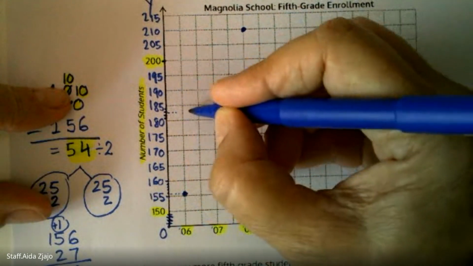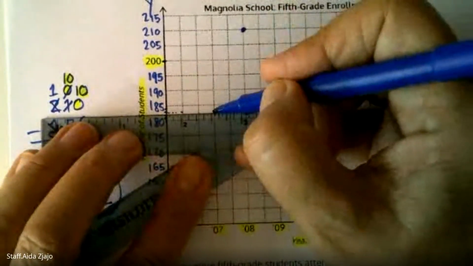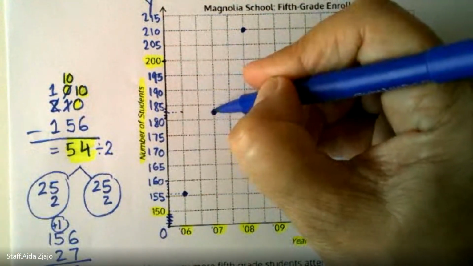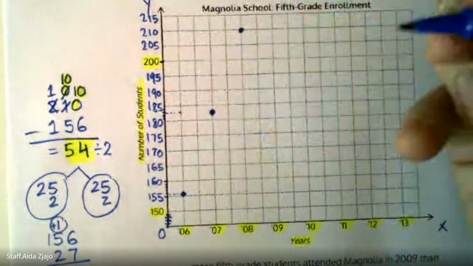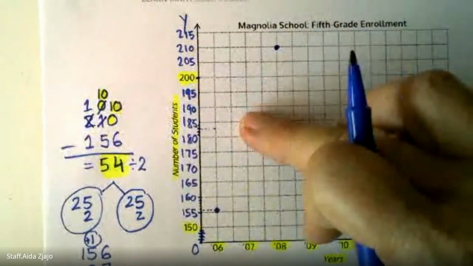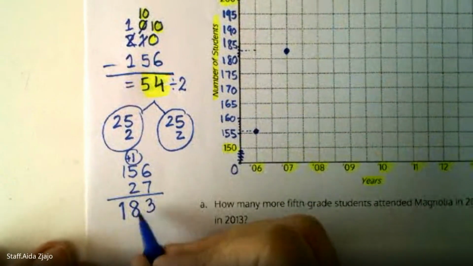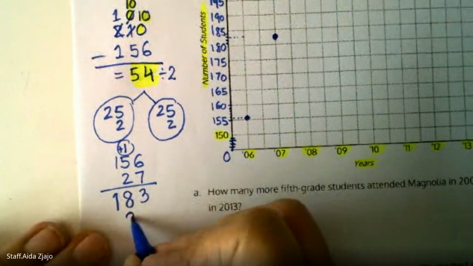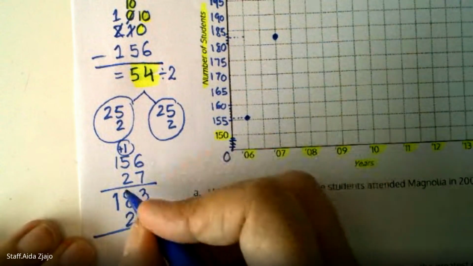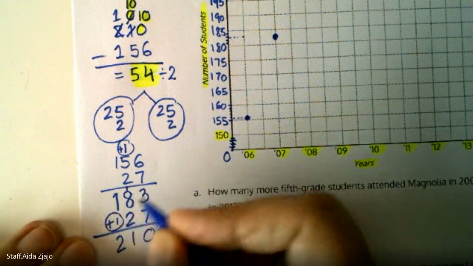It's right here, so about right here. So here was 183 students. We also can check whether that matches, because when we add 183 and 27, we should get 210, which is the number that we really got.